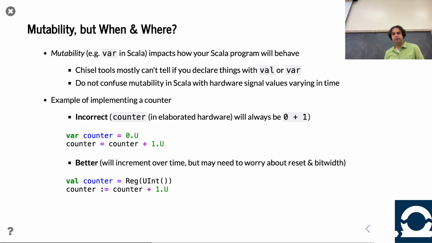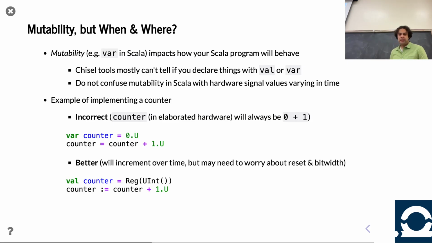This comes up a lot when talking to students who have trouble debugging their code: do they have the right kind of mutability? I've been encouraging folks, especially now that we covered functional programming and other techniques, you really need mutability, i.e. var, pretty rarely. What's interesting is that Chisel, the library in Scala, can't really tell if you use val or var. That's just how you're writing your Scala programs. As I've encouraged, you can write your Scala programs more correctly and easier to debug if you use mostly val.